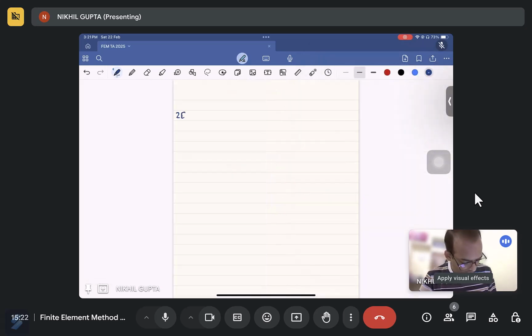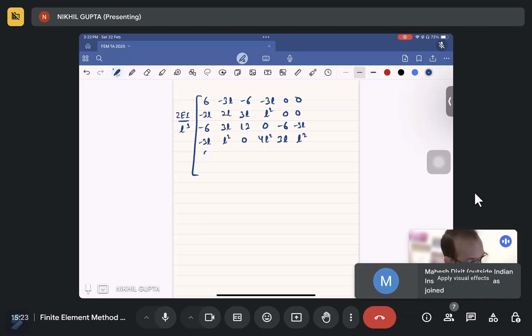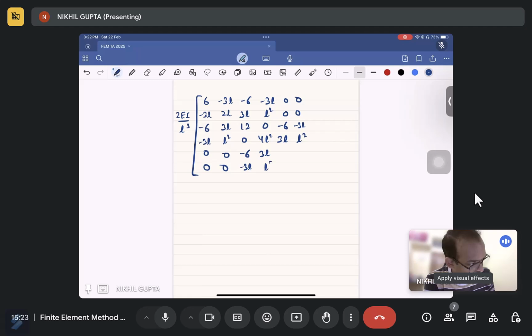So we have 2EI by L cube, which is 6, minus 3L, minus 6, minus 3L, 0, 0, minus 3L, 2L, 3L, L square, 0, 0, then minus 6, this is 3L, then 12, 0, minus 6, minus 3L, and minus 3L, L square, 0, 4L square, then 3L, L square, 0, 0, then 0, 0 here, minus 6, minus 3L, 3L, L square, 6, 3L, then 3L and 2L square.